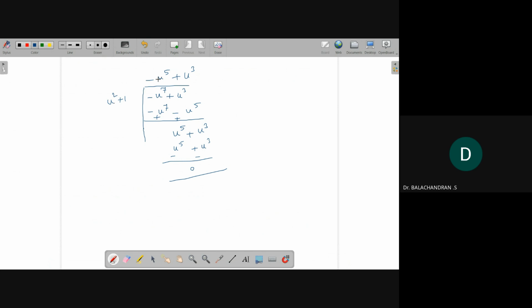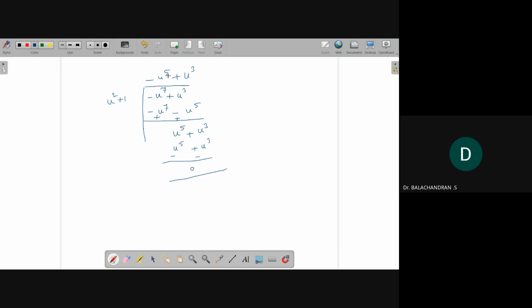If you multiply these two, I'll get minus u power 7 and then minus u power 5, and then these two terms get cancelled. So u power 5 plus u cube, and then I'll write here plus u cube. If you multiply these two, u power 5 plus u cube, minus minus. So remainder is 0. The quotient is what?